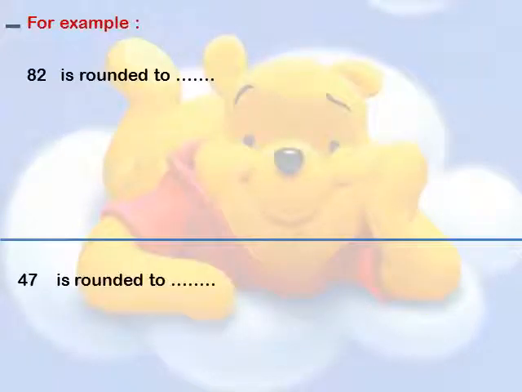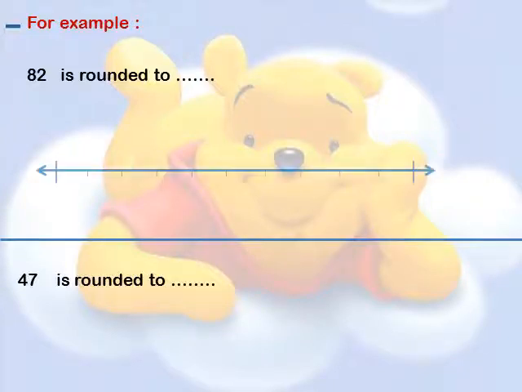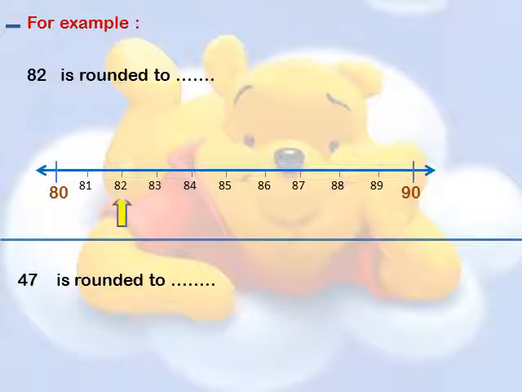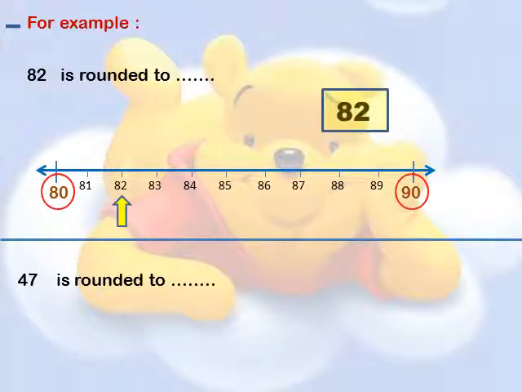Let's see some exercises. For example, 82 is rounded to what? This 82 is between which two tens? Yes, it's between 80 and 90. Let's look at the ones place.